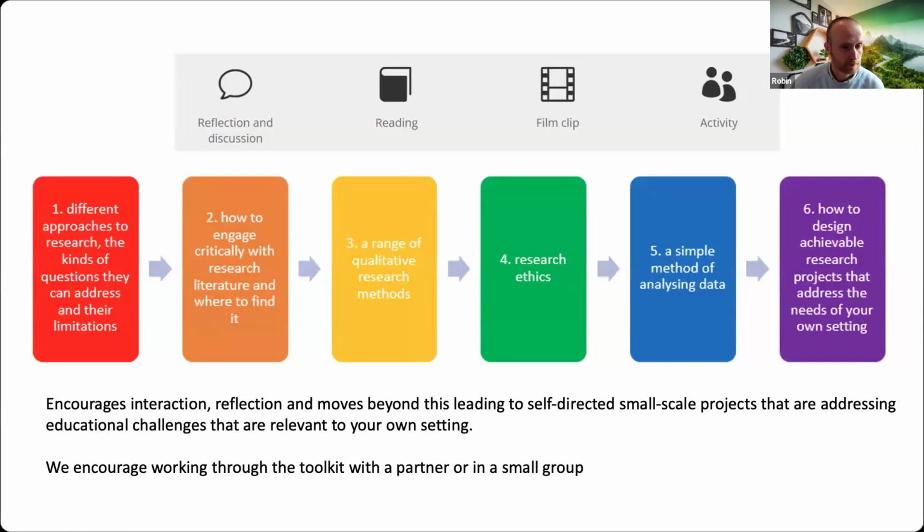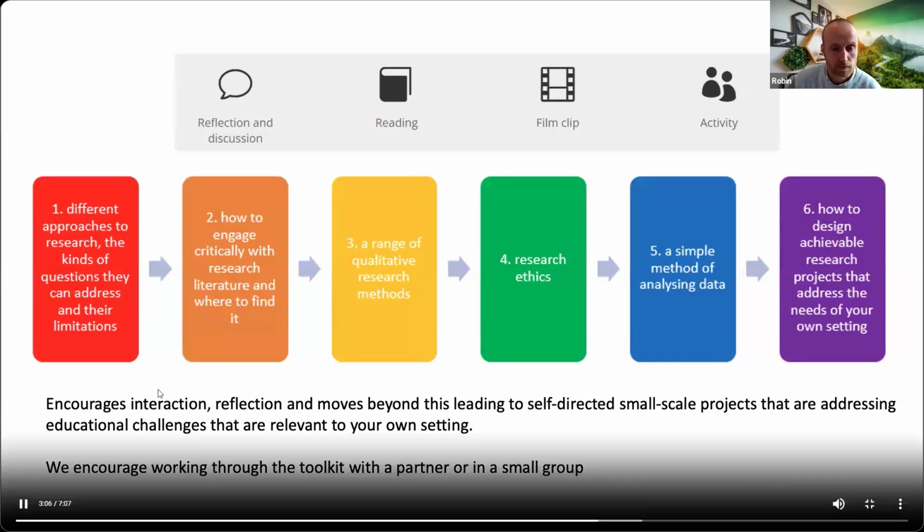You have a number of different activities that are created in each of those units for people to engage with. There's a reflection and discussion area that allows people to work together to see other people's work that's been uploaded and to comment and to really share.